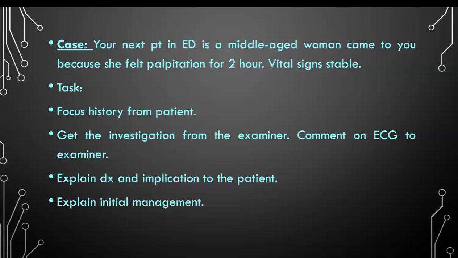Okay, Jenny. Thank you very much for talking to me. Based on the history and examination, it seems like you have a condition called atrial fibrillation. Do you know what it is? No, doctor. Okay, so in our heart we have 4 chambers. The 2 upper ones are called atria and the 2 lower ones are called ventricles.